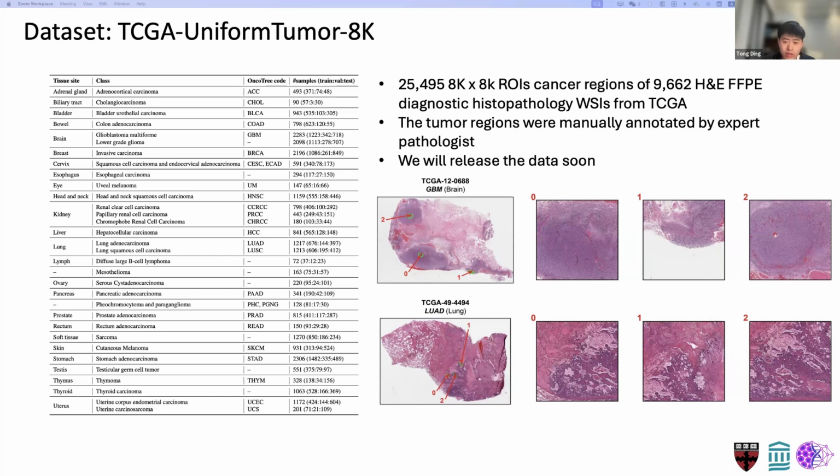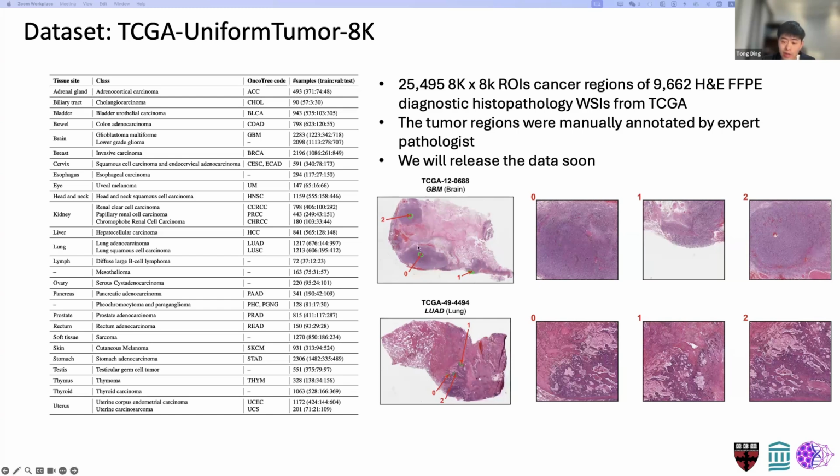The tumor regions were manually annotated by our expert pathologists, our collaborators from the University of Tokyo. Approximately 3 representative tumor regions per slide were annotated with pixel-level contours like this.